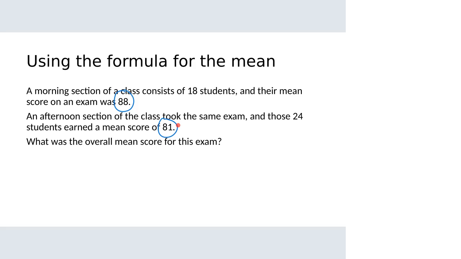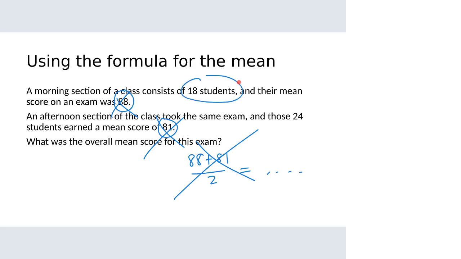What you definitely shouldn't do here is go, well, I'll just do 88 plus 81 divided by 2 and figure out what that is. The reason we don't want to do that is because these classes don't have the same number of students in them. There are 18 students in the morning section. There are 24 students in the afternoon section.